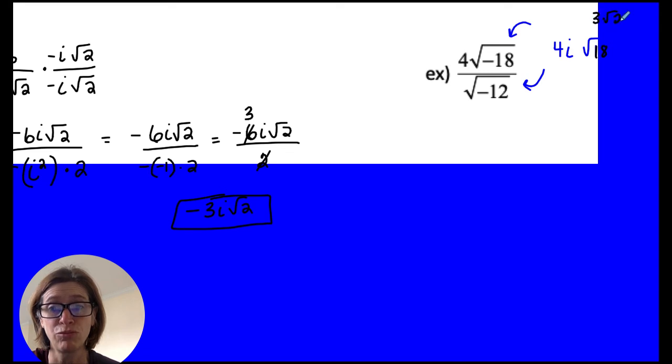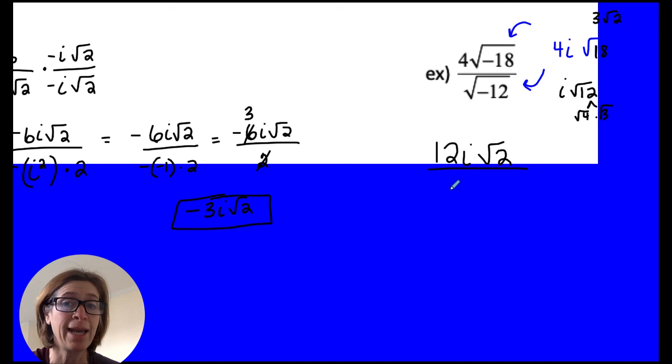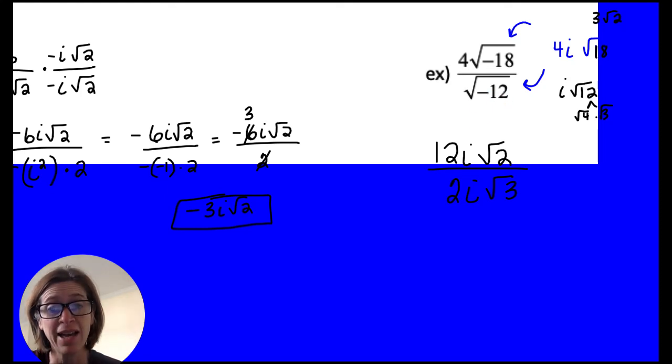So the numerator would give me 12i root 2. Root 12 would give me i root 12, and we know 12 is 4 times 3, the square root of 4 times the square root of 3, so that would give me 2i root 3. Now here some interesting things do happen. I am allowed to simplify the i's at this point. I can simplify 2 into 12 6 times.